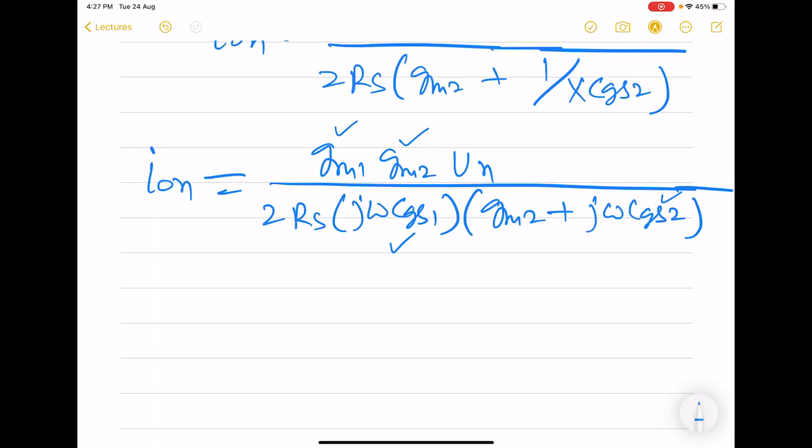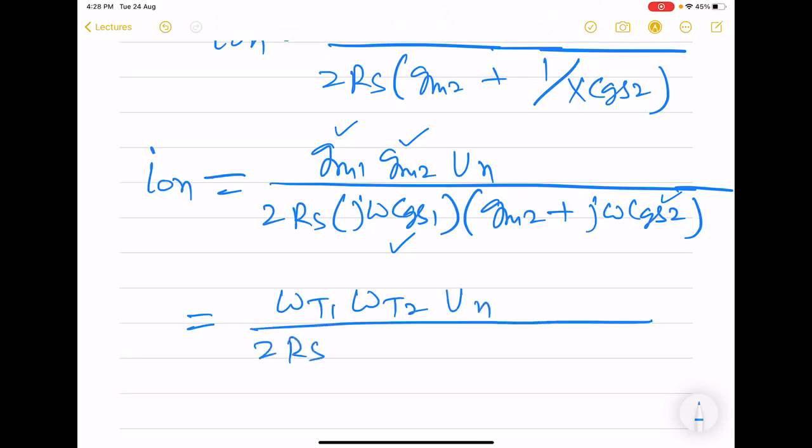If we do all these things, what we get here is omega T1 for GM1, omega T2 for GM2, then the usual Vn divided by 2RS, and then omega remains omega.